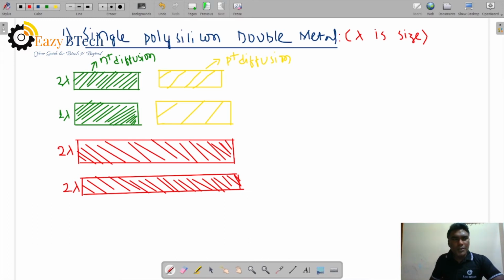Now this one is polysilicon, right? You can write this down: polysilicon acts as a gate terminal. The color is red.